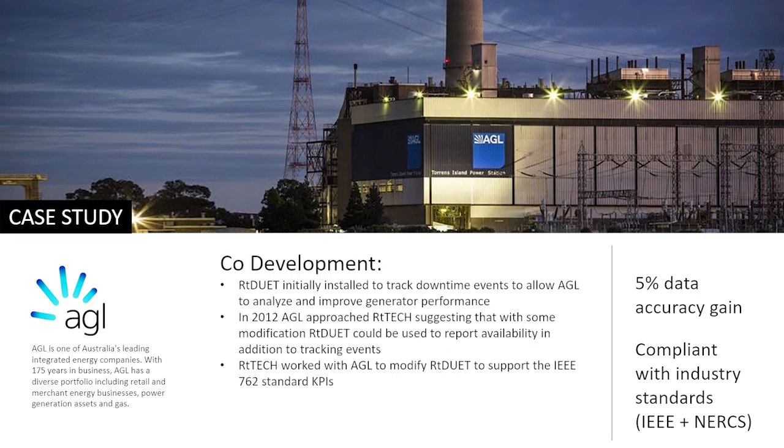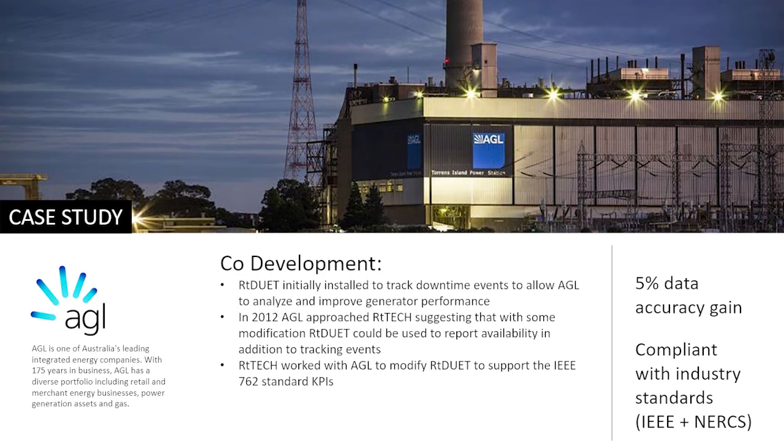What is the most value now that we have RtDUET in place? Yes, the RtDUET API is extremely flexible and always improving. A perfect place for validating. On many of our sites, operators use it directly to input the data. On our larger sites, the operators didn't want to use a new technology to do this.